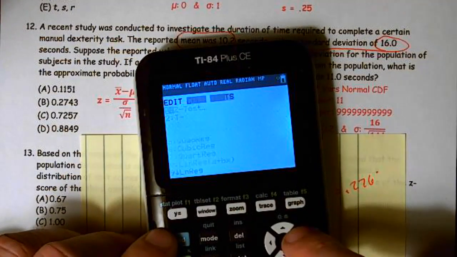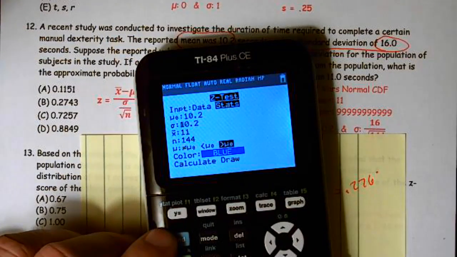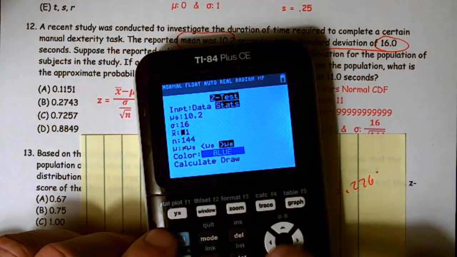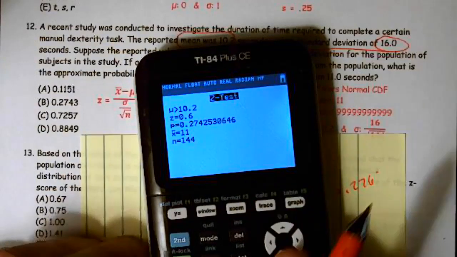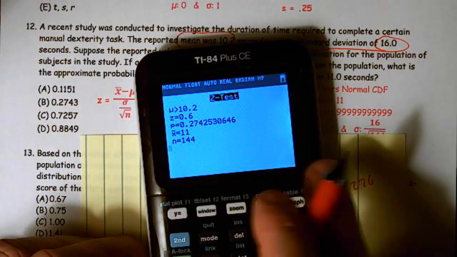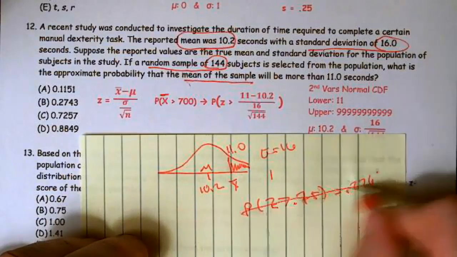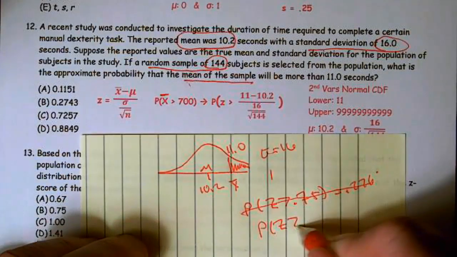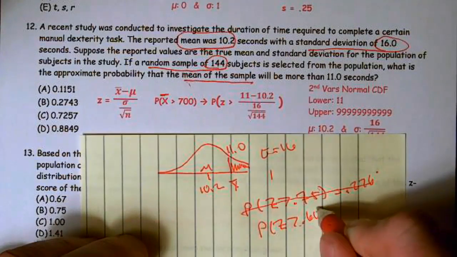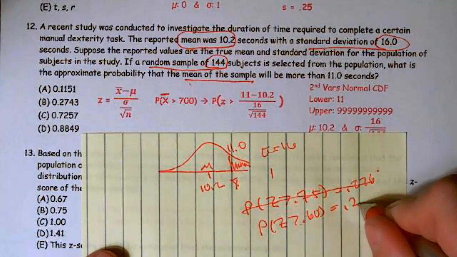Stat test, Z test, 10.2, standard deviation of 16. Now we get going. All right, so we want the Z score of 0.6, the probability that Z is greater than 0.60. That's the nice thing about a multiple choice: I can sit there and go, oh, I don't see my answer, so I can go back and check it.